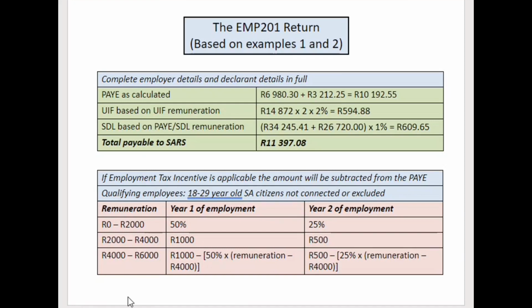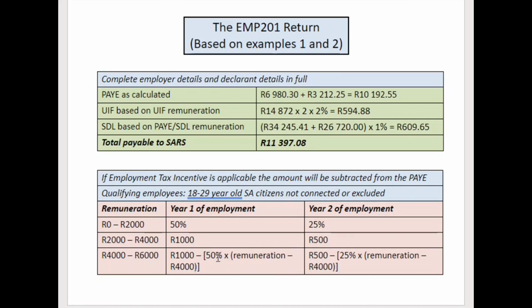So here you have just the way it's explained. In year 1 and in year 2, it works slightly different. In year 1, if you earn between 0 and 2,000, then the employer can claim 50% of that amount as the deduction. If you earn between 2,000 and 4,000, regardless of whether it is 2,000 or 4,000, the employer can claim 1,000 Rand back. And if the amount is between 4,000 and 6,000, then you say 1,000 minus 50% of the remuneration minus 4,000.